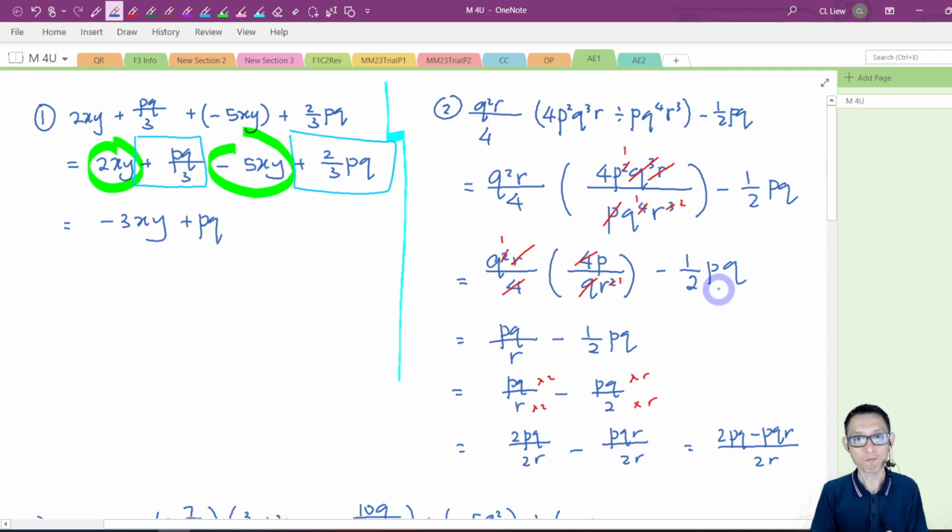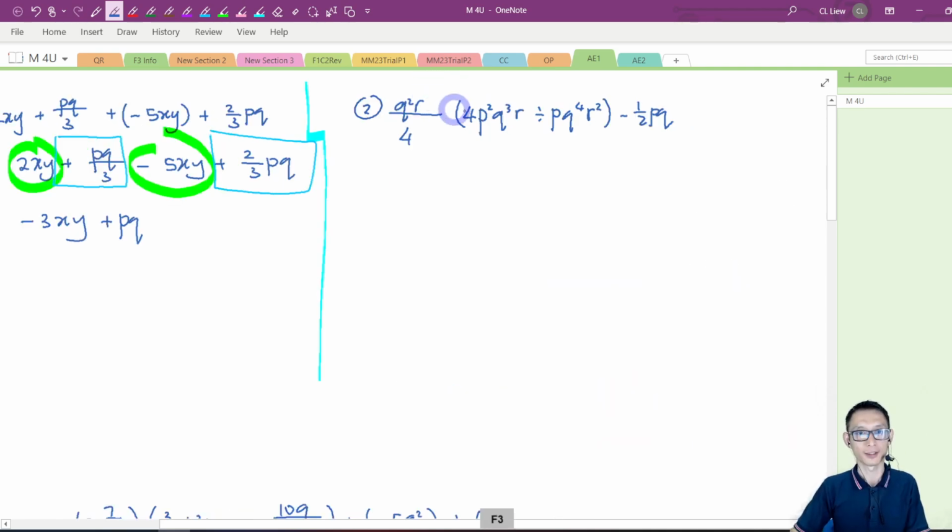So actually, this question, I want to set the power of r here equal to 2, but just now I accidentally wrote power 3. Okay, let me change it to 2, then I'm going to show you again how to do it. Now I already changed this to 2. Let's try again. So you can pause the video and try to do it yourself, see whether you can get the answer correctly.